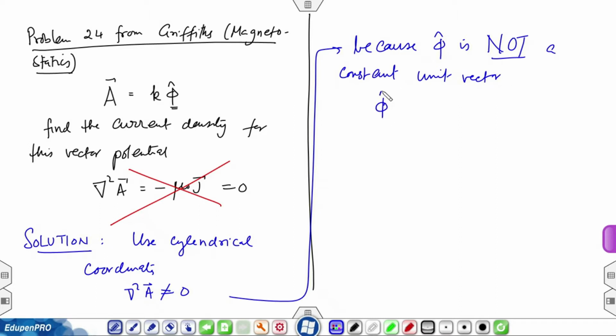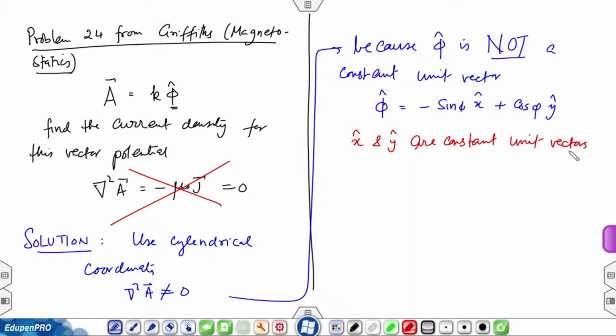Rather, it depends on phi. So, phi hat is minus sin phi x hat plus cosine phi y hat, and x hat and y hat are constant unit vectors.